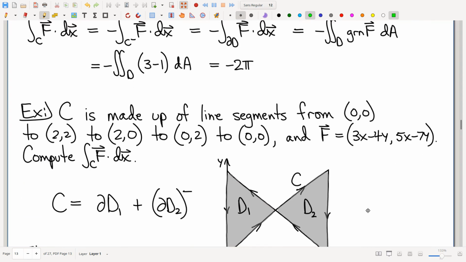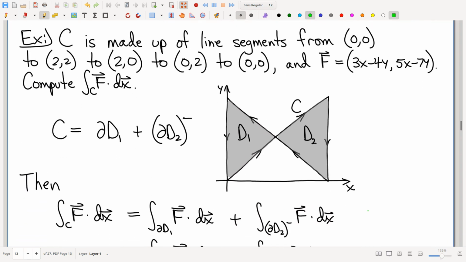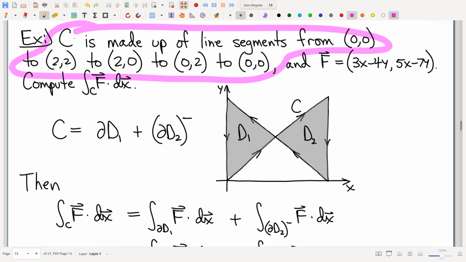Moving along. Another example. I've got a curve here made up of various line segments, like so. And I want to compute a certain vector line integral on that curve made up of 4 separate line segments.